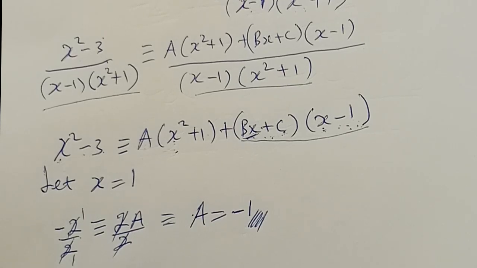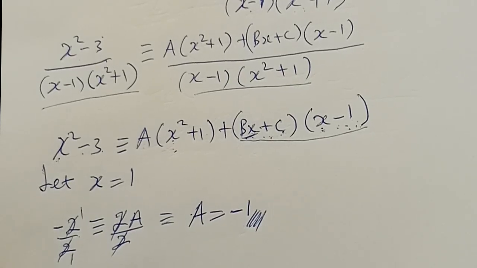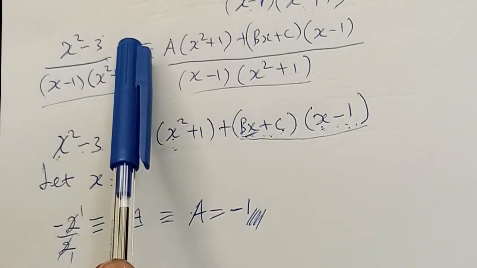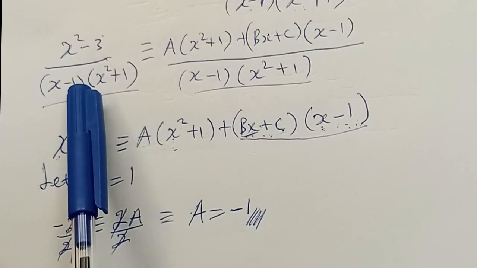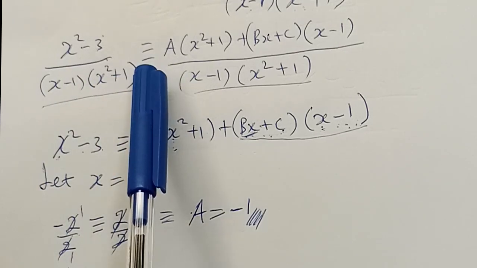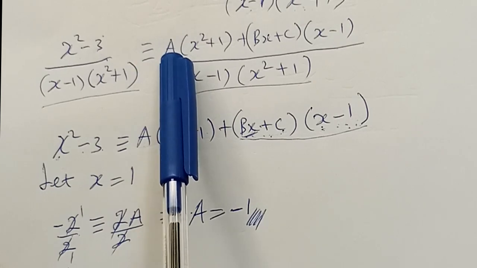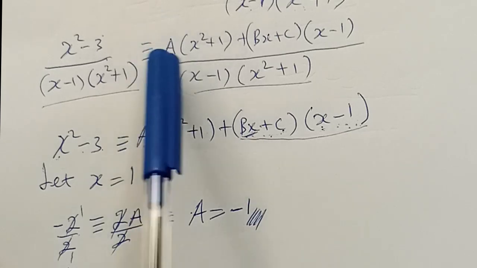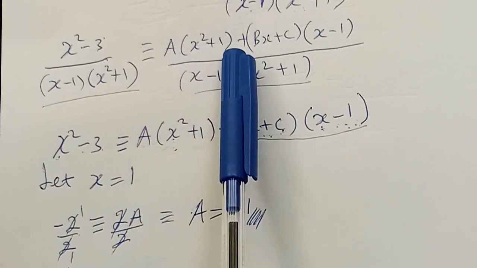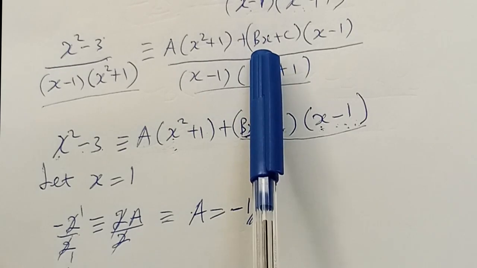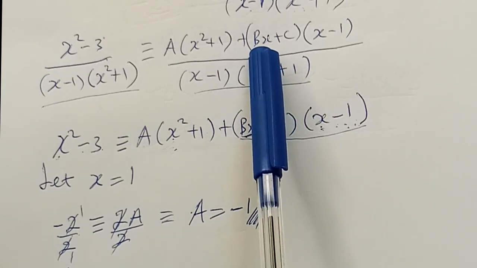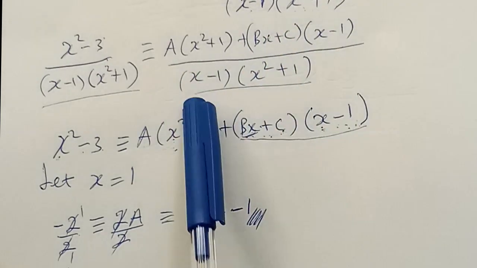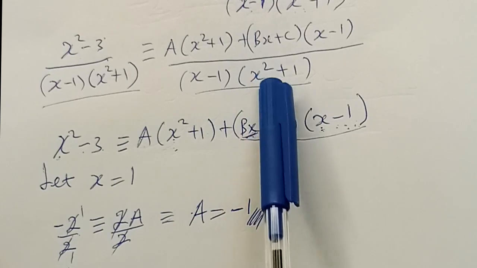And now, to fit this expression in partial fraction form, we are going to say that x squared minus 3 divided by x minus 1 into x squared plus 1 is the same as a, and we already know the value of a as minus 1. So anywhere we see a, we use minus 1 into x squared plus 1, plus b, and we already know b is 2, so 2x, plus c into x minus 1, divided by x minus 1 into x squared plus 1.